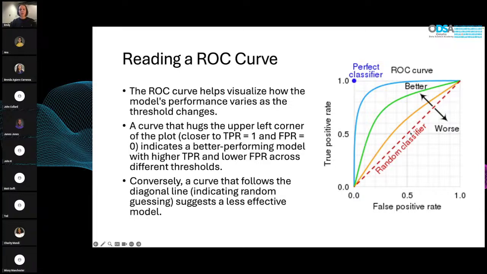If you have a model that's below that line, you did something really weird that I've never seen before, so go back and look at it. But you can basically tell that this orange line is really not a very good model. It's just barely better than random guessing.